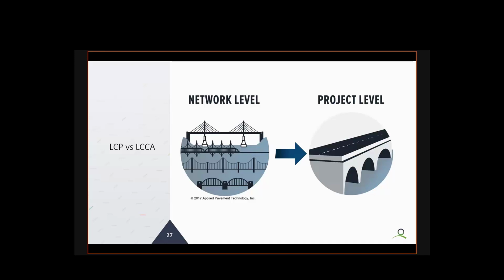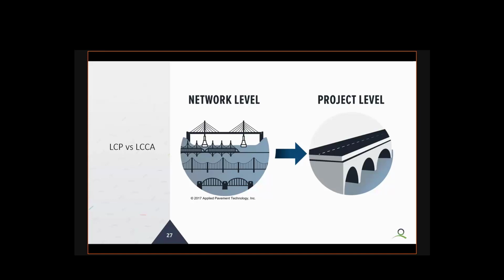One note I want to make here is the difference between life cycle planning and life cycle cost analysis that many of you may be familiar with from project level work. You might do a life cycle cost analysis to different design alternatives for a project to determine your preferred alternative. And life cycle planning uses some of those same techniques, but it's a network level approach.